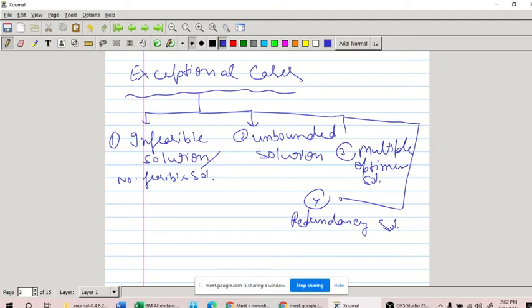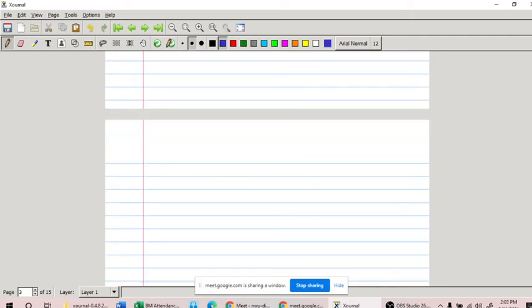Whatever is given to you, you have to solve it and your solution may reach specific values or some exceptional cases. The number one case is your infeasible solution, or when you cannot get the solution in the feasible range.